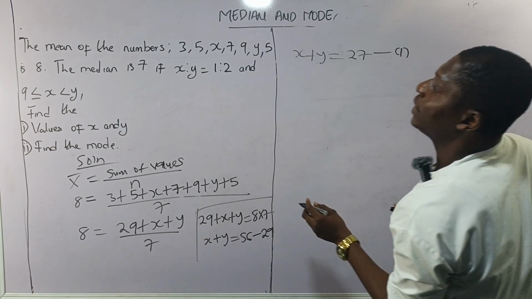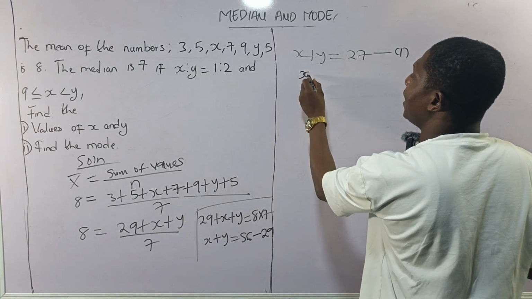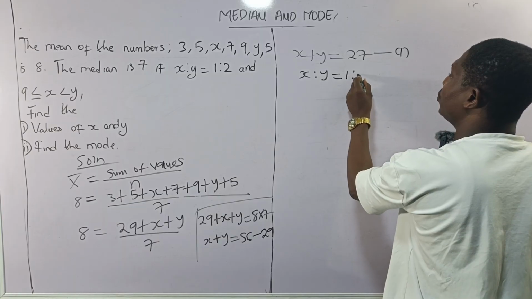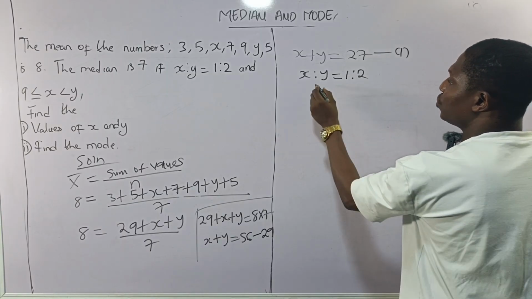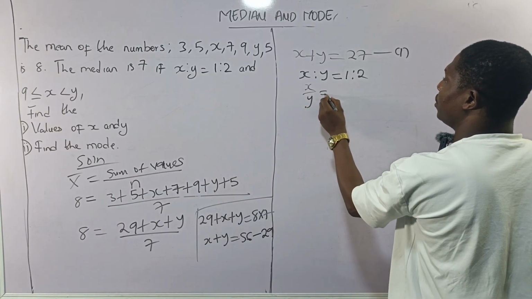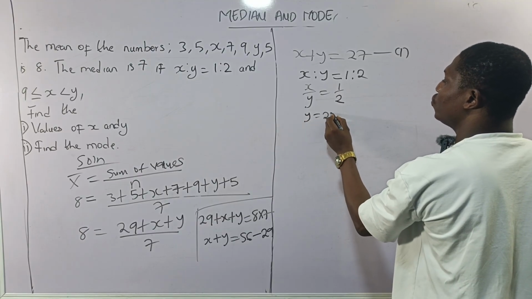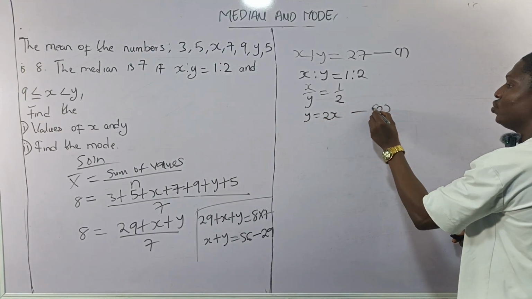Now, they also gave x ratio y to be equal to 1 ratio 2. So this is the same as x over y equals 1 over 2, and y will be equal to 2x. This can be taken as equation 2.